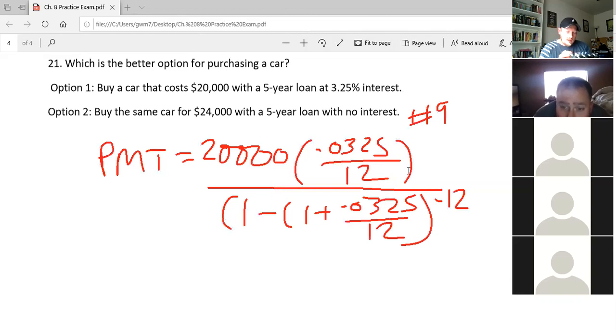And t is 5 years here. So the payments here, when I put that in, are $361.60.